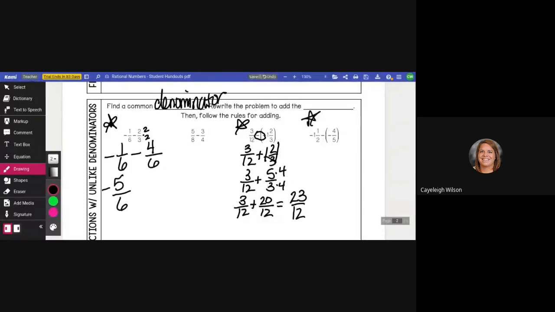All right, you all try this one, and then I will stop talking. My son will stop coughing.